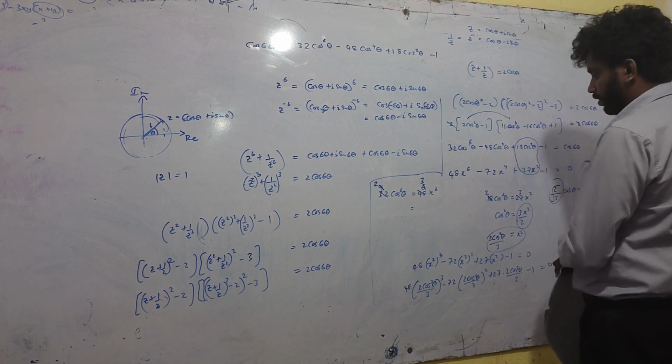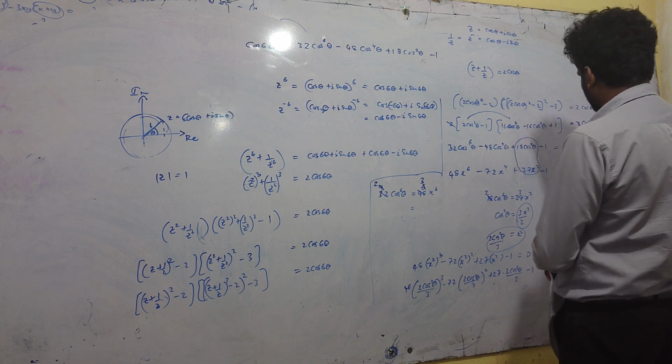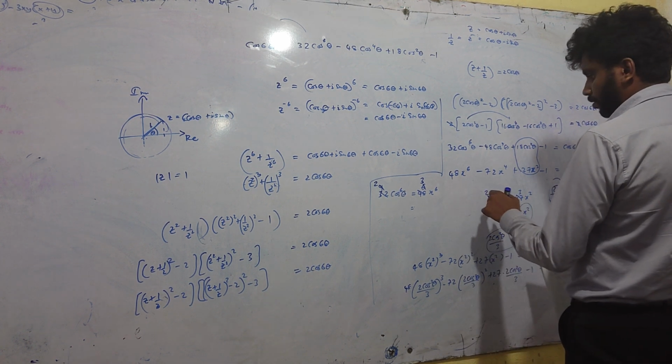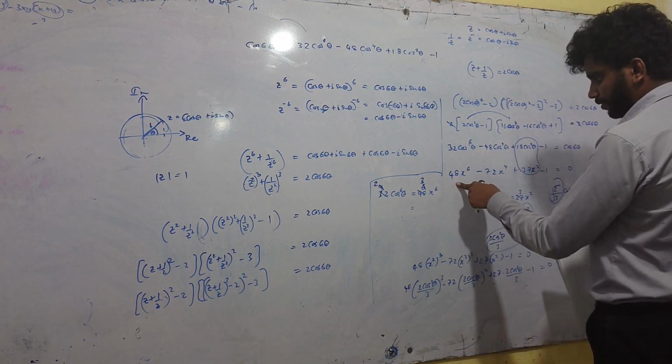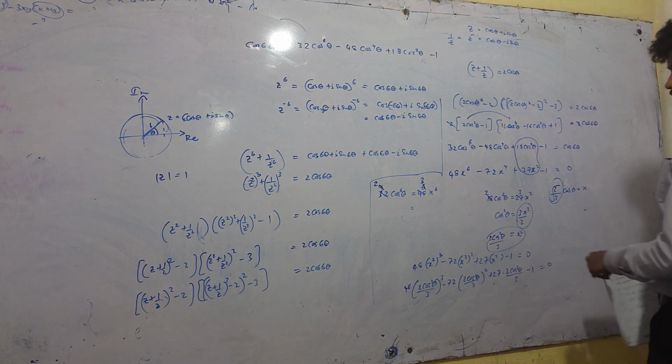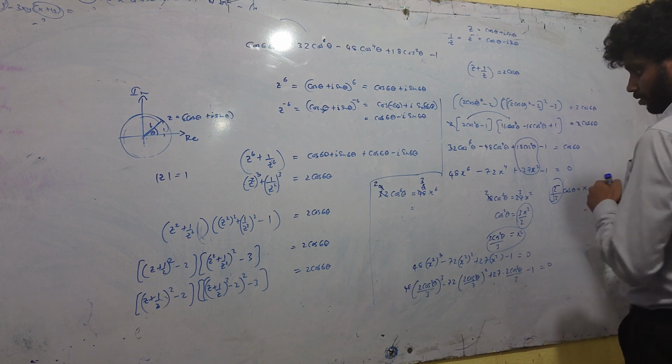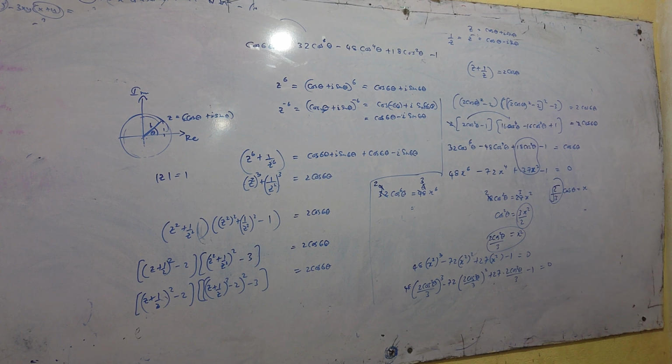Look at this part. When you take out 3 over 2, the ratio, or you divide everything by 3 over 2, then 48 over 32 is 3 over 2, right?